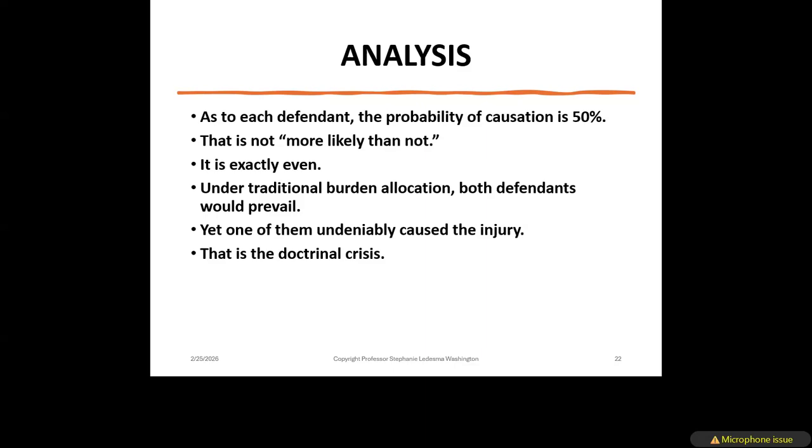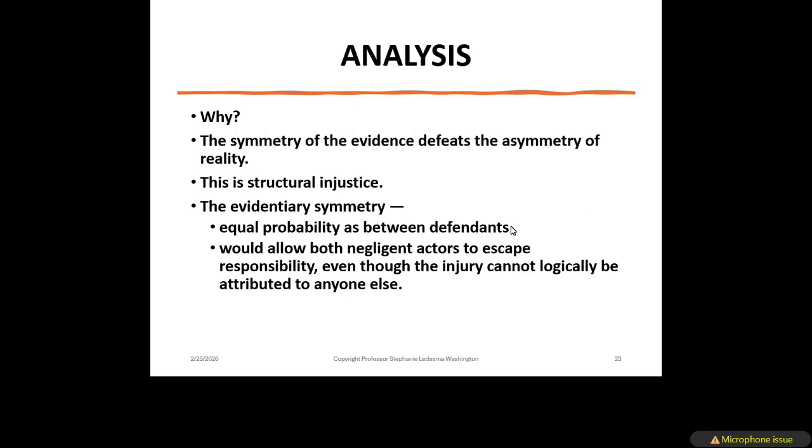That we call a doctrinal crisis, right? The plaintiff has established negligence. The plaintiff has established harm. The plaintiff has proven that the harm was caused by one of the two negligent defendants, and still the plaintiff would lose. That is under the traditional exercise of Section 26.